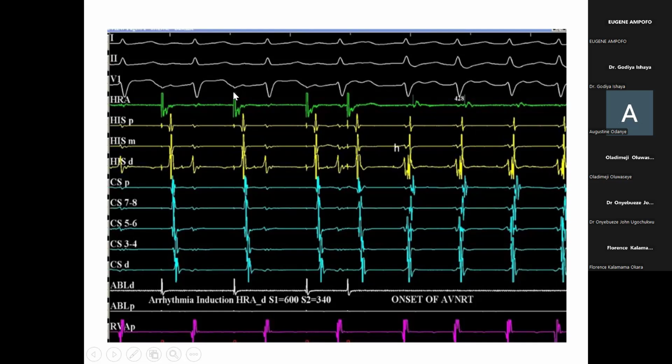Sorry. So I'll answer your question. Okay, so you can see the surface ECG, right? Lead 1, lead 2, and V1, right? Remember we said you use your surface ECG to also time whatever activity is happening in the chambers of the heart, right? So if you are seeing an HRA, that means it's corresponding with around the P wave.